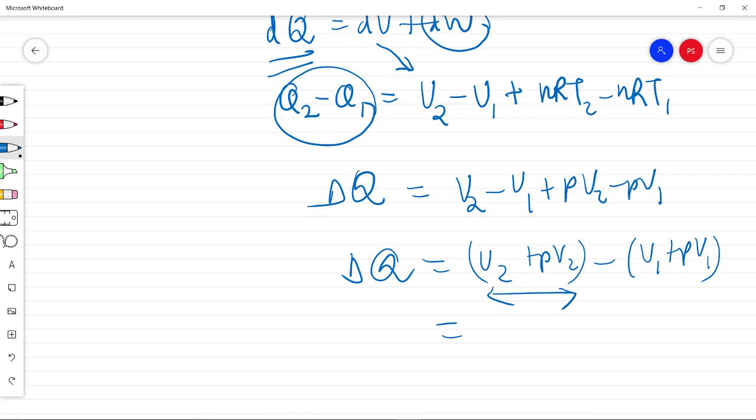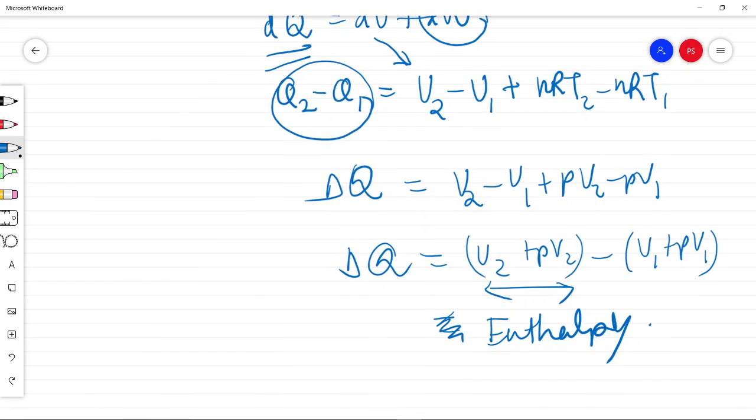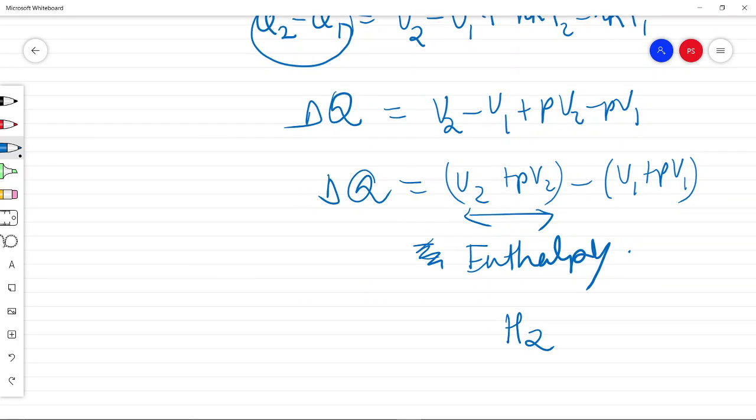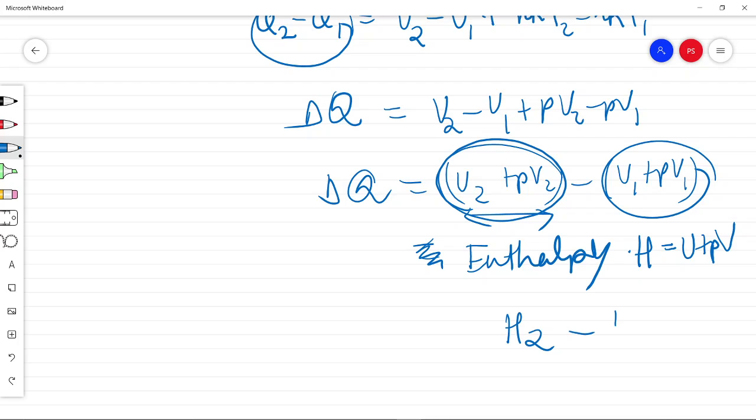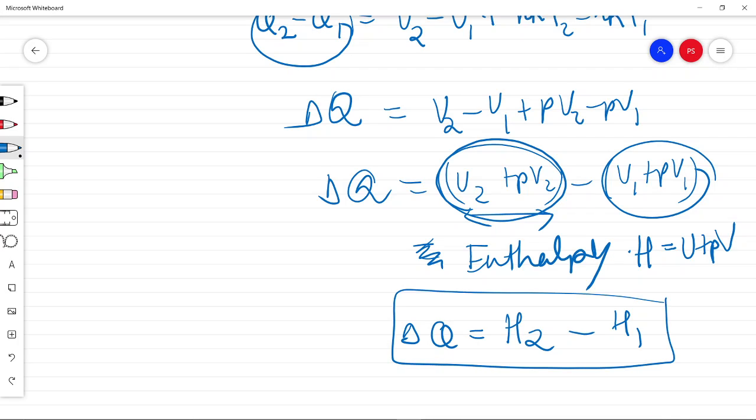This quantity is defined as enthalpy. So let us call it H2. This entire quantity is enthalpy H, defined as U plus PV. And this quantity is just H1. So delta Q in this case is just the subtraction of enthalpies of state 2 and state 1 respectively.